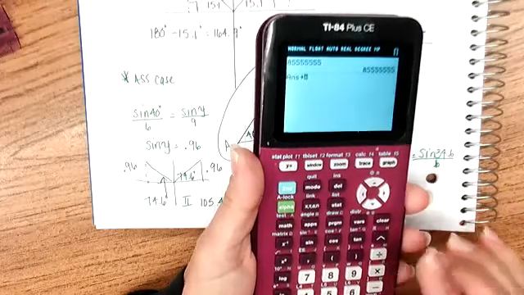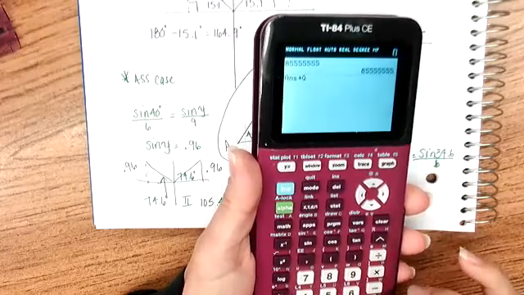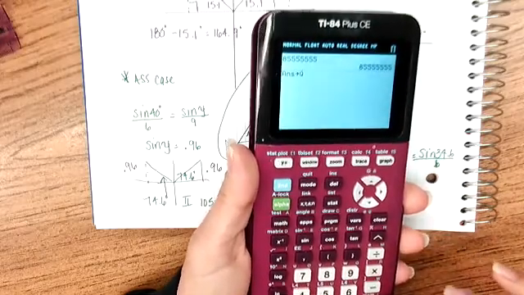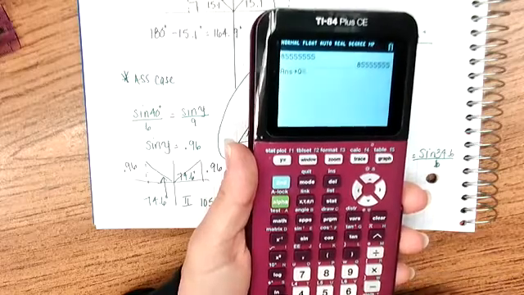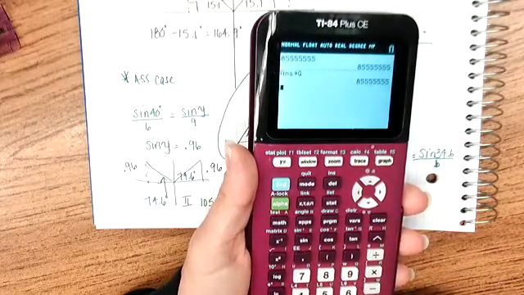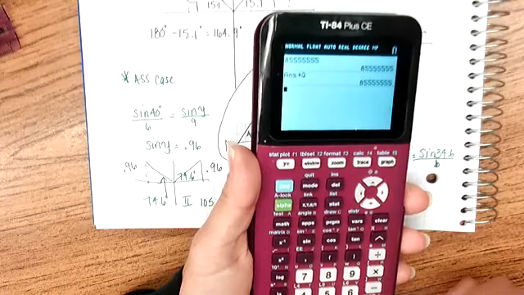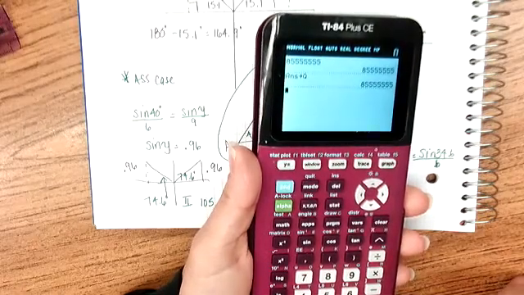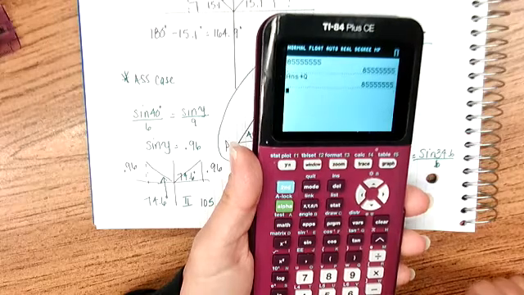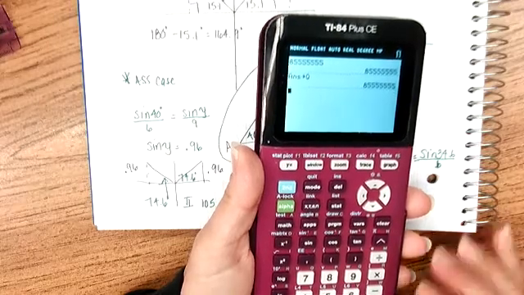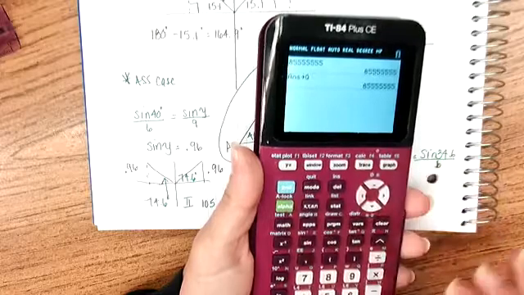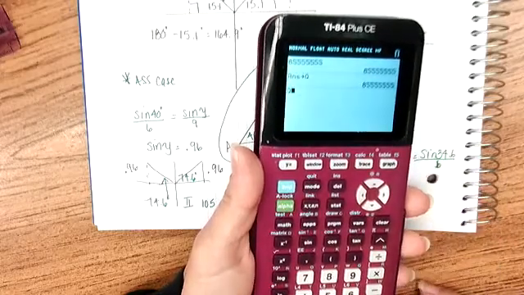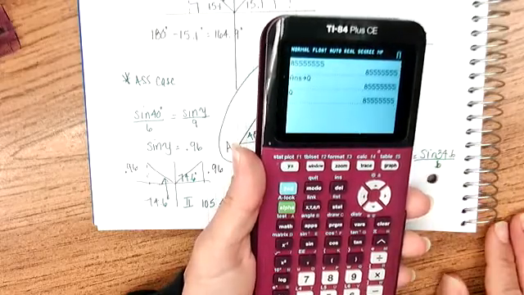So if you choose number 9, it's going to be stored in spot Q. And then to recall, just type in alpha Q, and there it is.